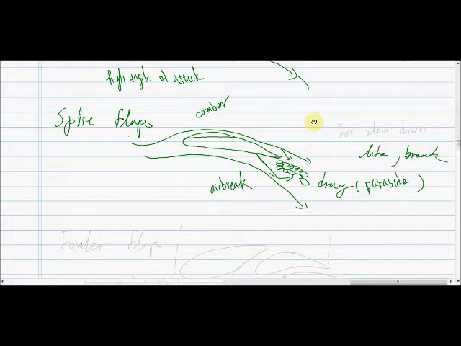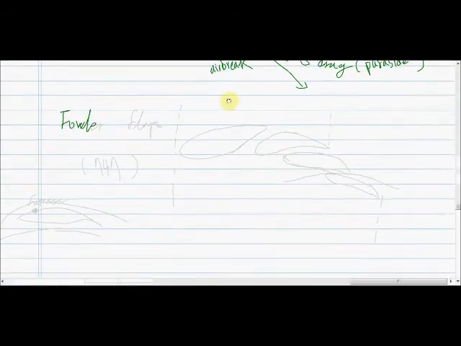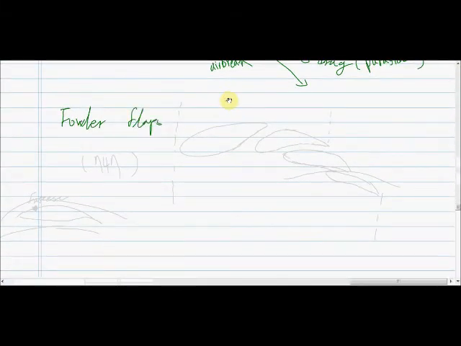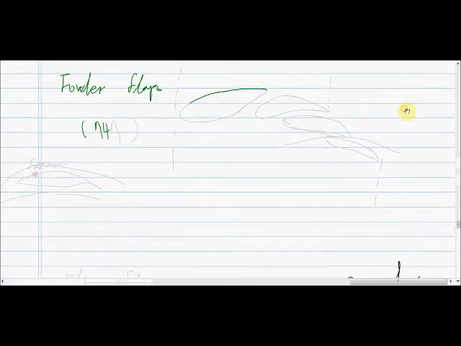The other thing you have is the Fowler flap. The Fowler flap usually is on a very large wing. Now the 747, have you seen a 747 before? On the 747, Fowler flap is like this. You have this section, the bottom section of the flap will move back, like this. So you'll have another flap back here.